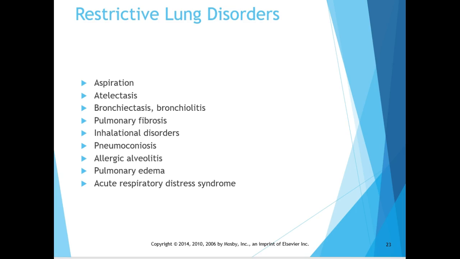The biggest ones that you'll probably see are aspiration and atelectasis. Aspirations are pretty self-explanatory. You aspirate something, so you have either compression of a few alveoli because of plugging, or of whole areas of the lungs if it's a main stem bronchus type thing.